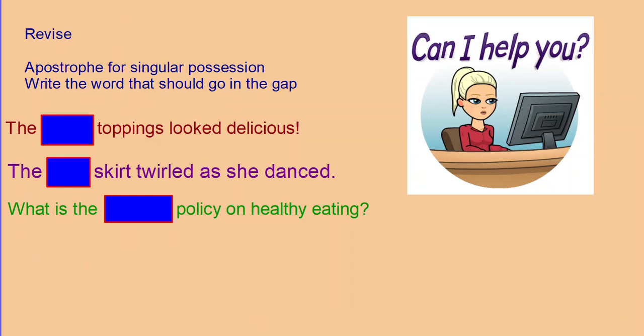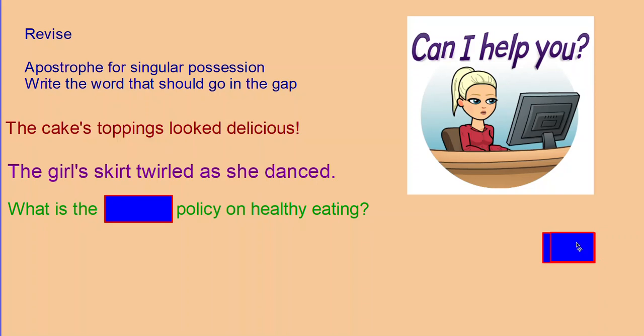The cake's toppings looked delicious. The apostrophe goes here because it's singular, one cake, and the toppings belong to the cake. That's what the apostrophe shows us. The second one, the girl's skirt twirled as she danced.